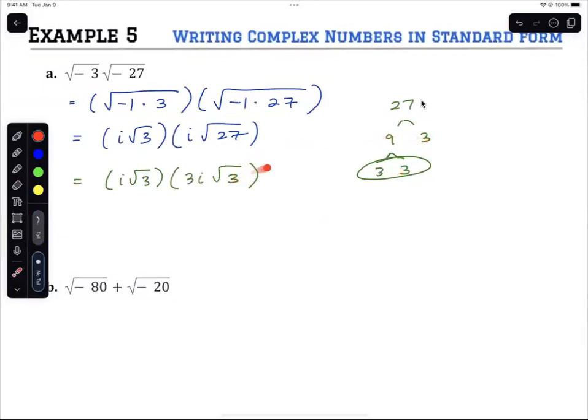So it's going to stay on the inside. And this 3 as a pair comes outside. So I'm going to multiply i times 3i to get 3i squared. And then the square root of 3 times the square root of 3 is just 3, which makes this 9i squared. But we know i squared is negative 1, so this is just negative 9.